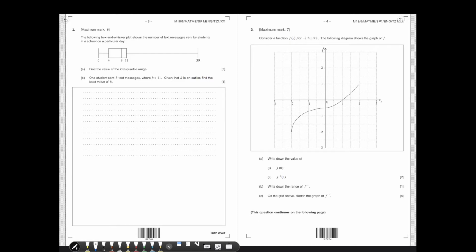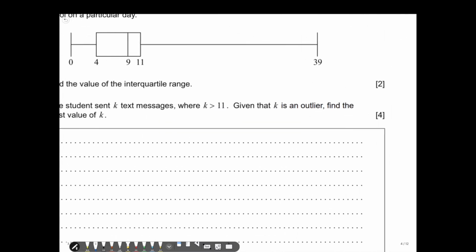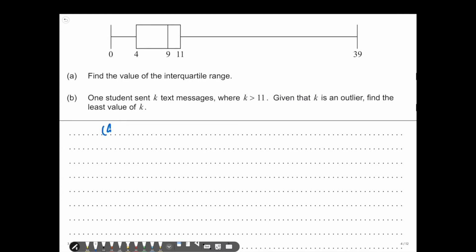This question is about statistics. It shows a box and whisker diagram of the number of text messages sent by students in a school on a particular day. Part A is asking for the value of the interquartile range. So what is the interquartile range? It is the upper quartile, called Q3, minus the lower quartile, called Q1.